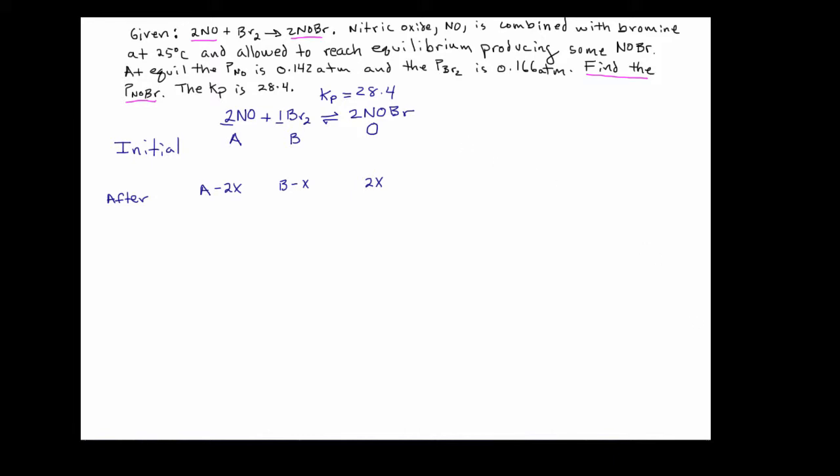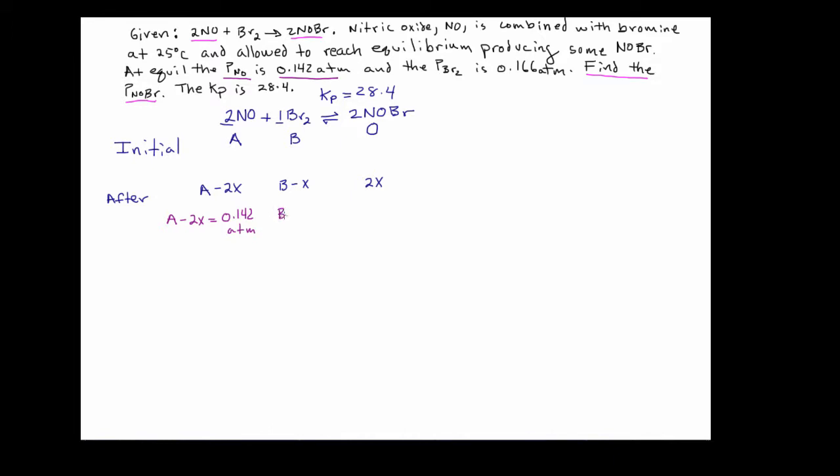Now, going back to the problem itself, we're told that at equilibrium, the partial pressure of NO gas is 0.142 atmospheres. So what you need to realize is that after equilibrium is reached, this difference of A minus 2x is equal to 0.142 atmospheres.